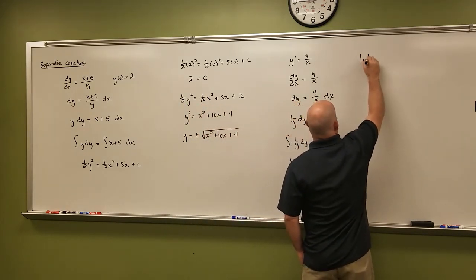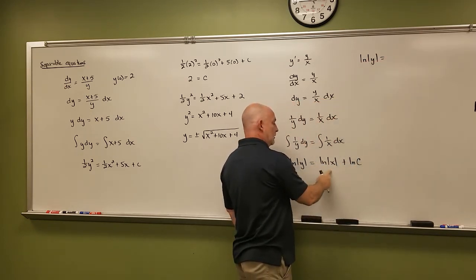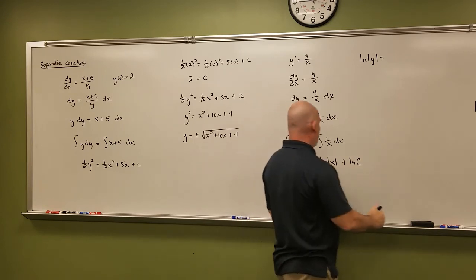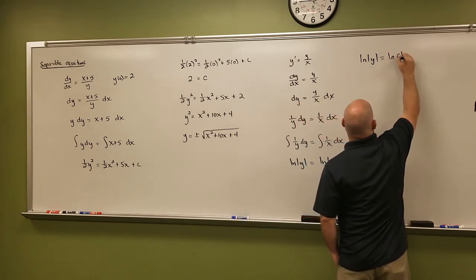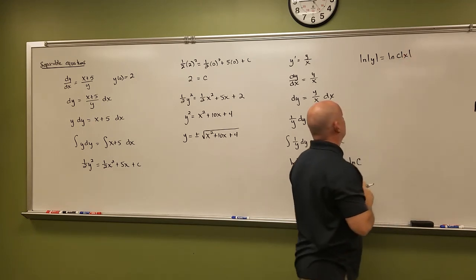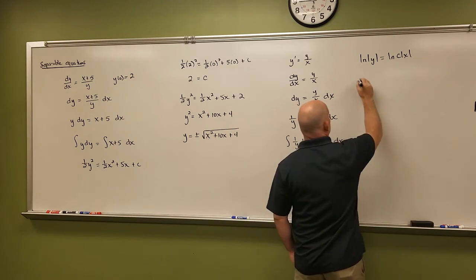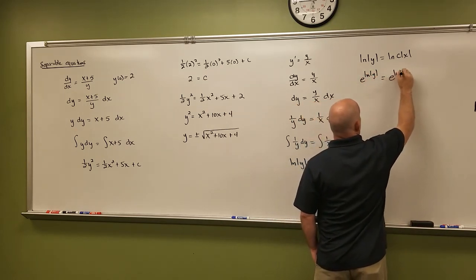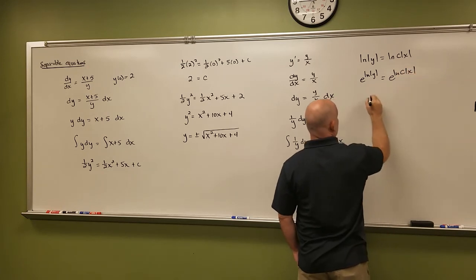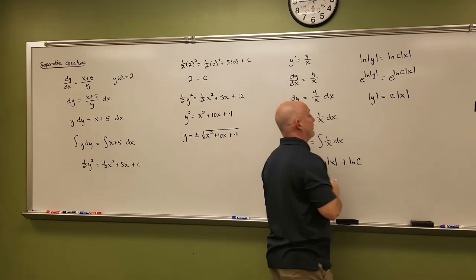So I get the natural log of the absolute value of y is equal to, if you're adding logarithms, that means you can multiply the arguments, the natural log of c times the absolute value of x. Now you can exponentiate both sides. So you get e to the natural log of the absolute value of y equals e to the natural log of c absolute value of x, or the absolute value of y is equal to some constant times the absolute value of x.